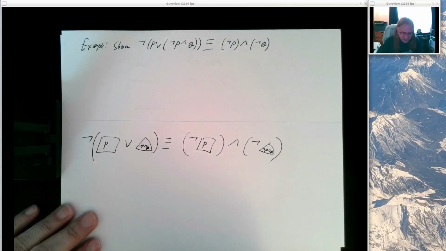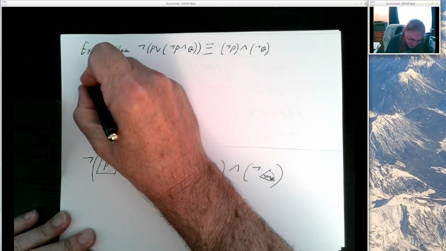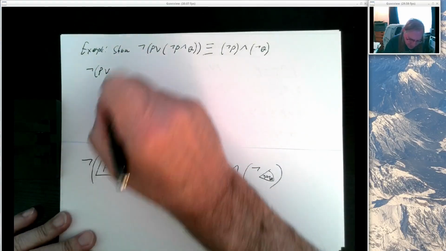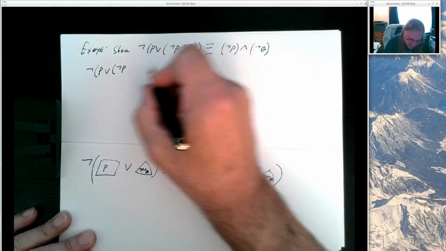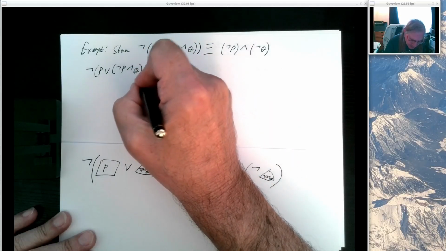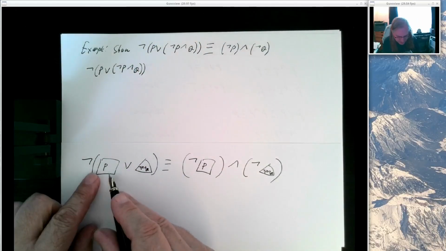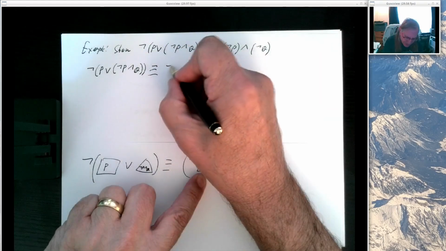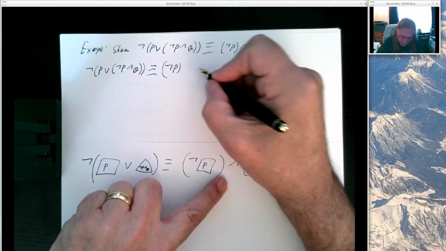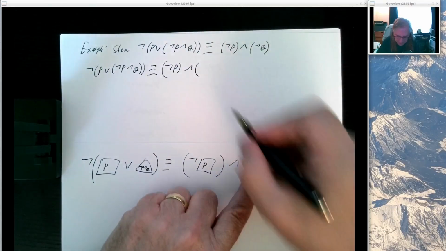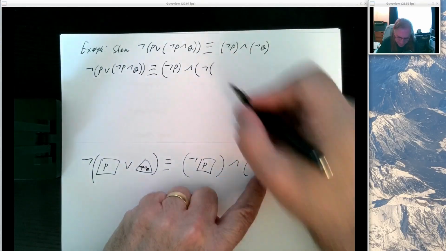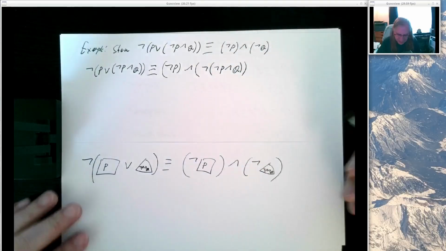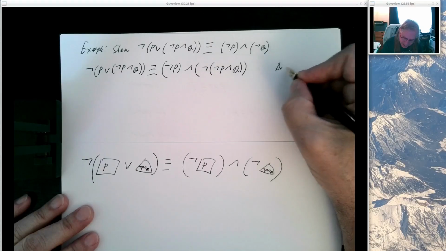So let me write this down. I'm going to start off with not P or not P and Q. So not P or not P and Q is logically equivalent to not P ANDed with the negation of not P and Q. And my reason for that? De Morgan's theorem.